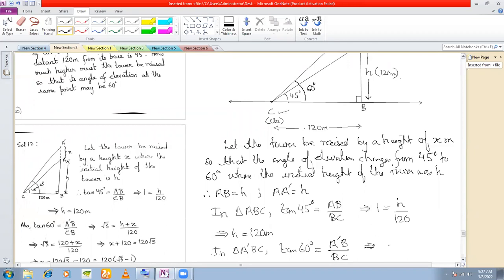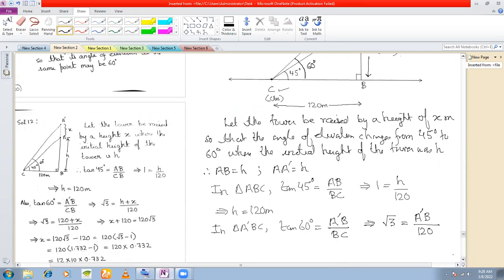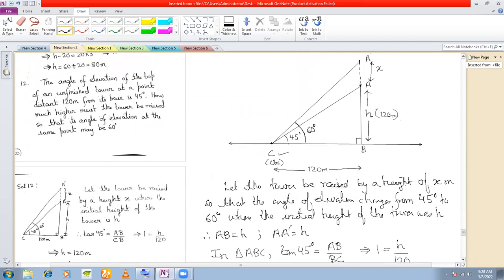So tan 60 is root 3, A dash B divided by BC, which is 120. That means A dash B is 120 root 3. So we have got this entire length as 120 root 3, A dash B.